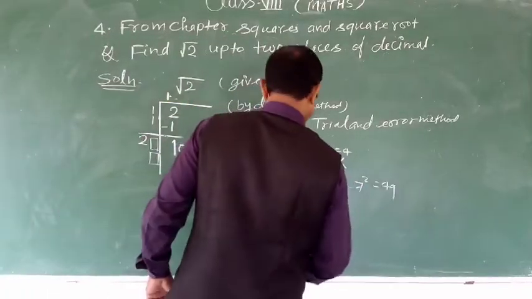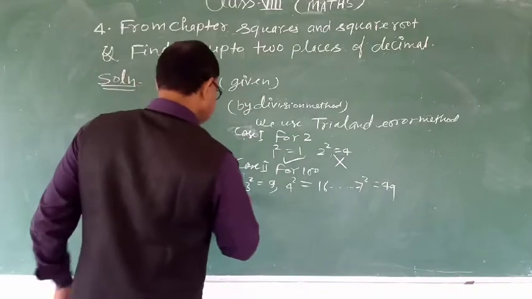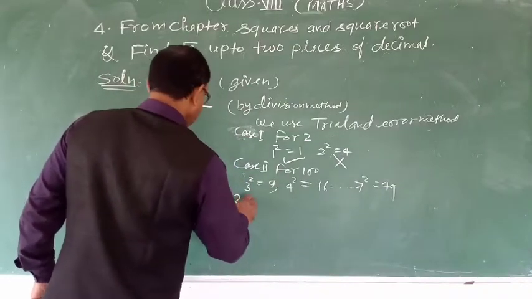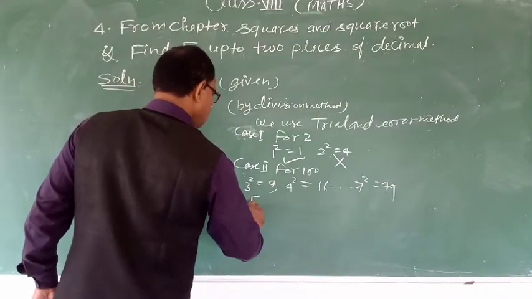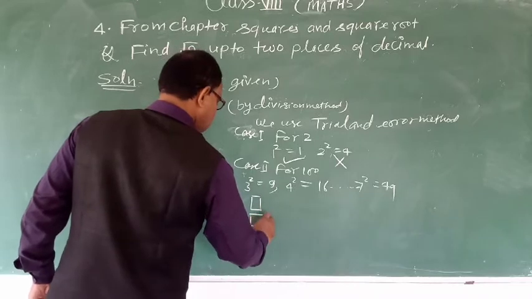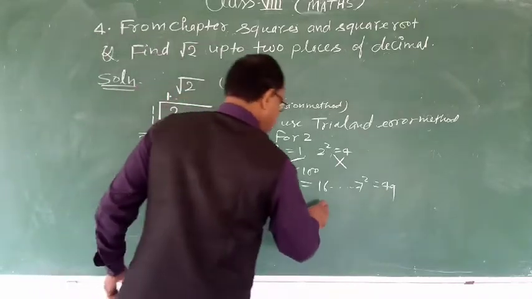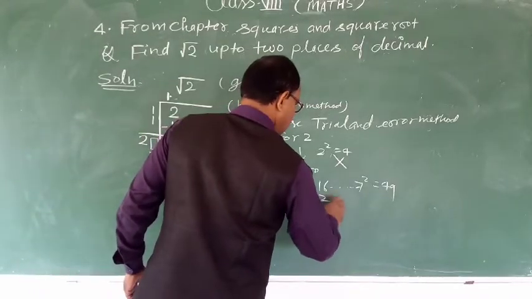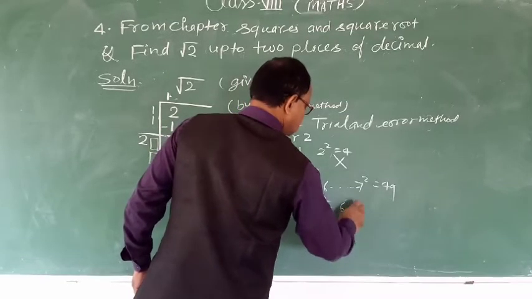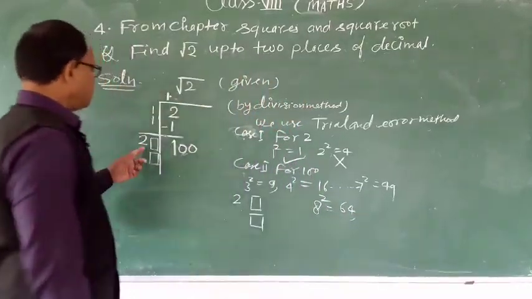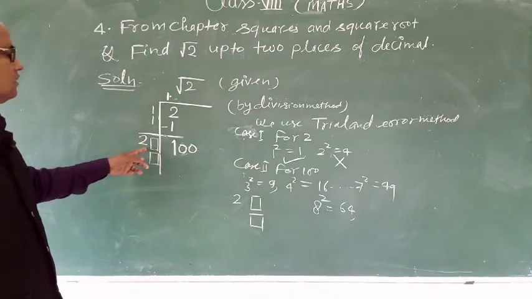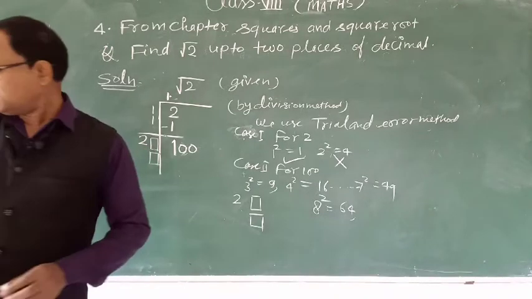Here write in the box: 8 square is 64, then 8 2s are 16, greater than.